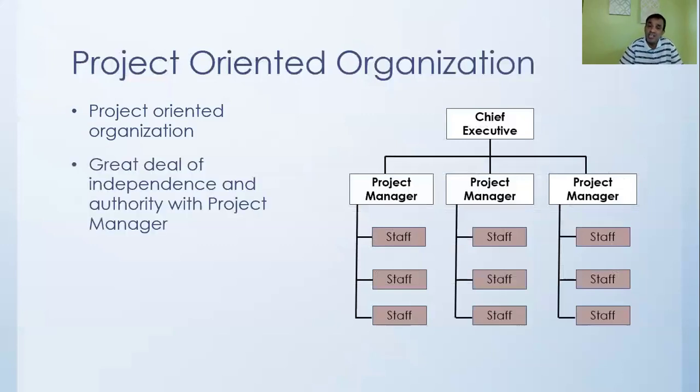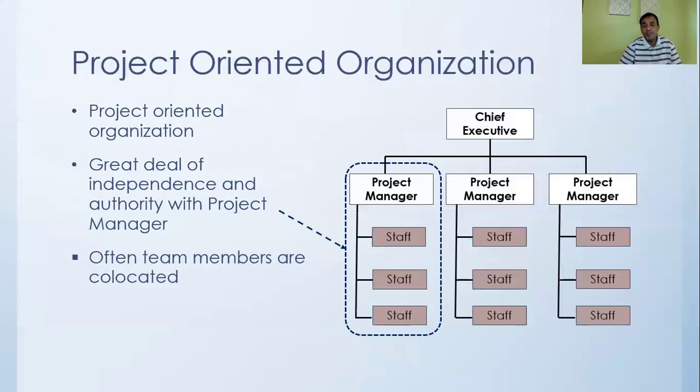And what you will see here typically is the project manager has a high degree of independence and authority as compared to functional, for example, where the authority is primarily with the functional manager. We saw the director of marketing might be calling all the shots. Here, the project manager will be calling all the shots because the whole organization is structured around projects, as we see here.